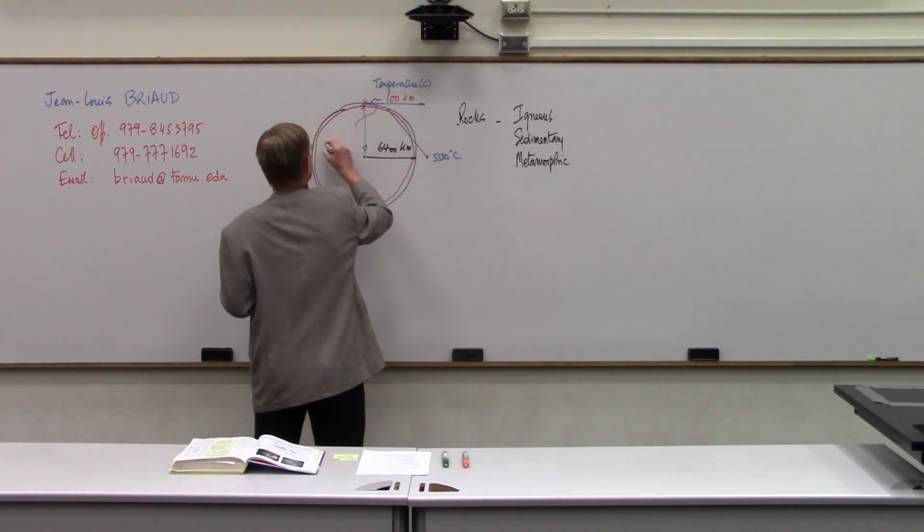This gradient here is about 15 degrees C per kilometer.